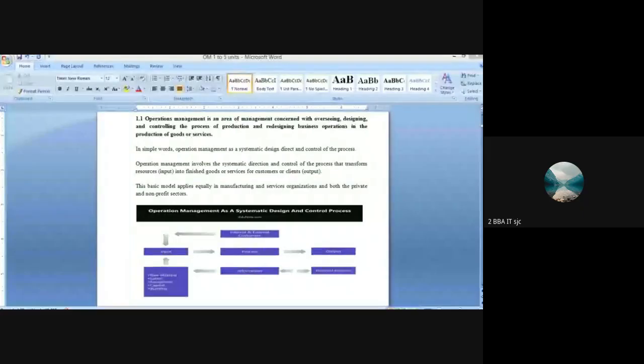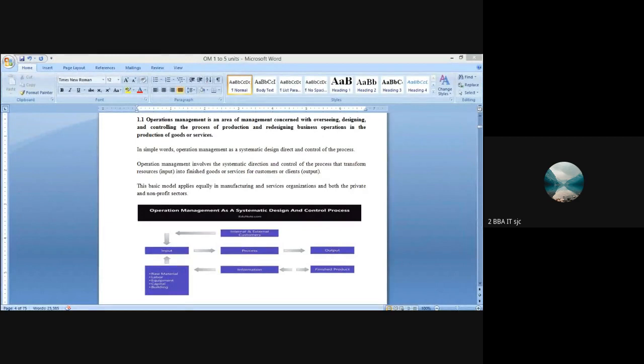Based on that they plan for purchasing material, and they plan for recruiting the labor, because labor means daily wages employees. An organization pays wages to the employees on a daily basis. So based on the finished products, an organization plans to purchase material and recruit labor.